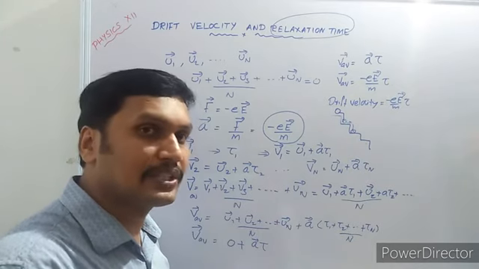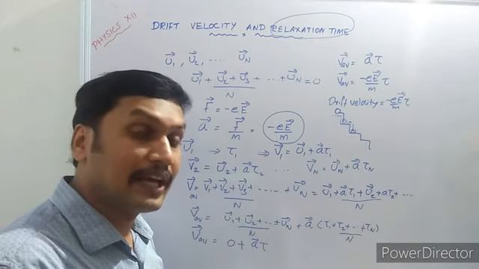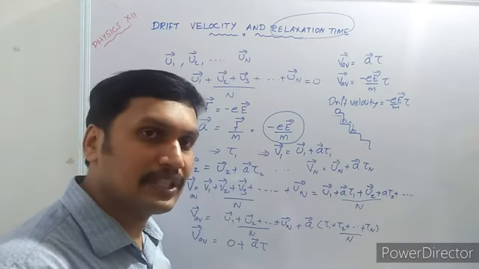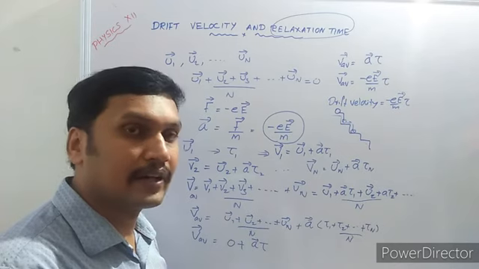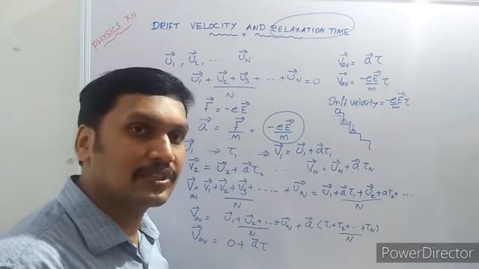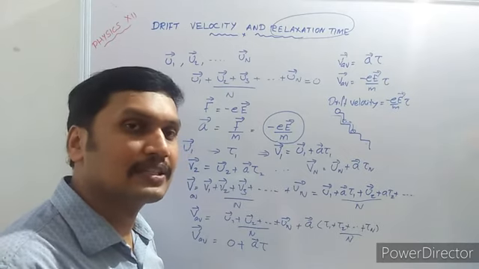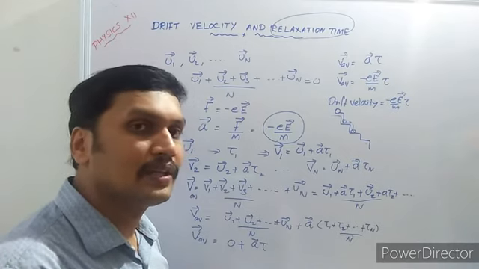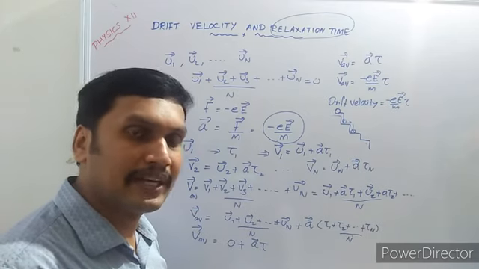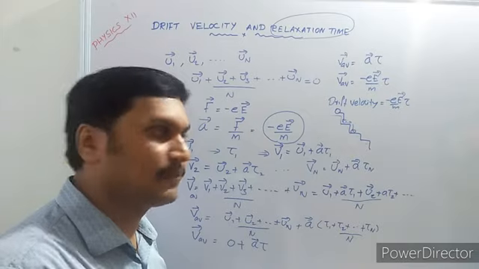All the electrons actually have two velocities. They have a random thermal velocity, which is very high, in the order of 10 raised to 5 meter per second. In addition to that, they have a very small velocity known as the drift velocity, usually in the order of 10 raised to minus 5 meter per second, opposite to the direction of the electric field.